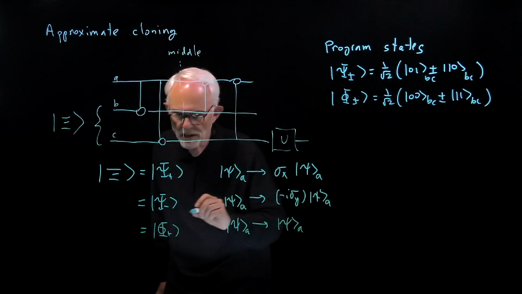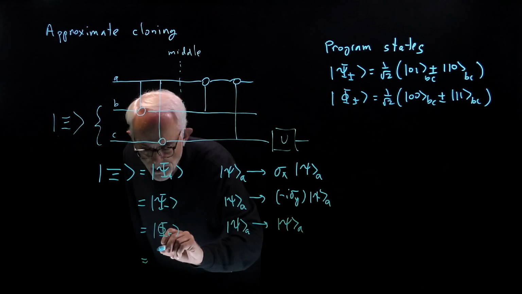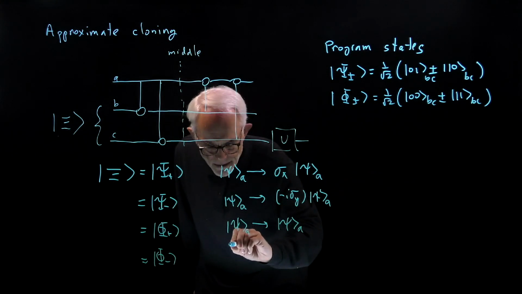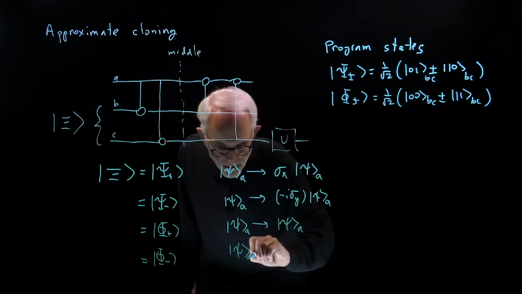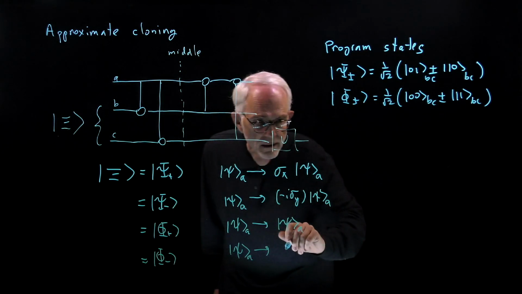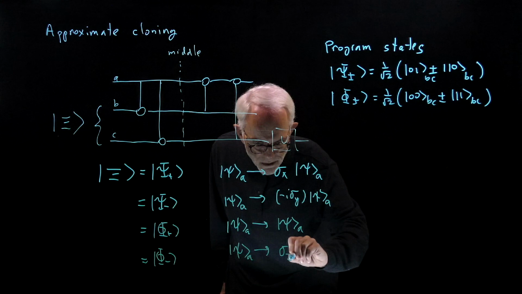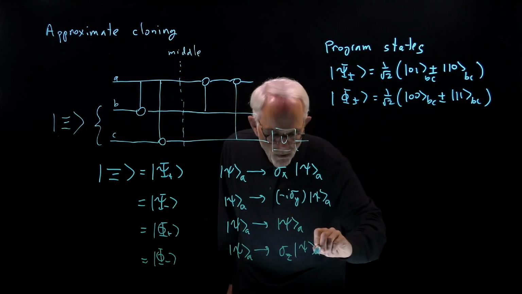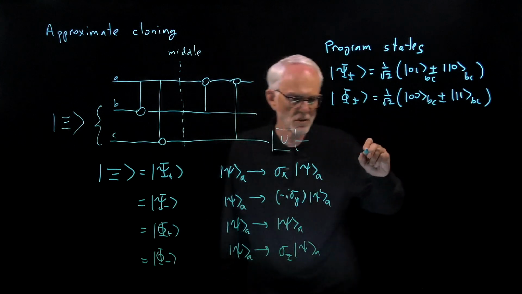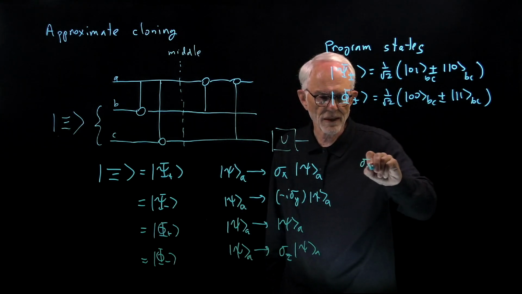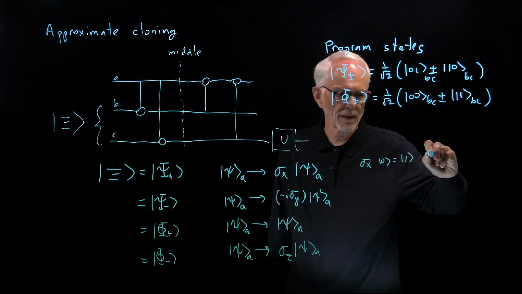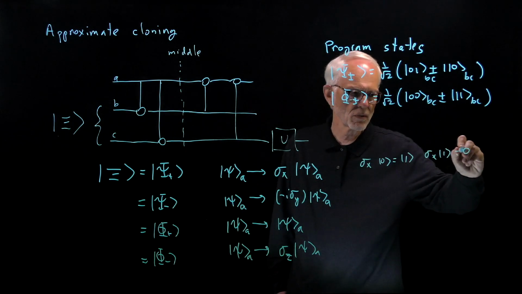And then if it's equal to phi minus, I get that the psi goes to sigma z psi A. So just to be clear, sigma x 0 equals 1, sigma x 1 equals 0.